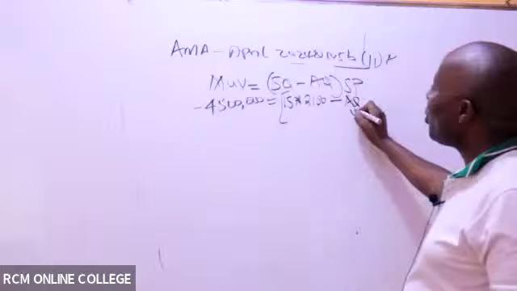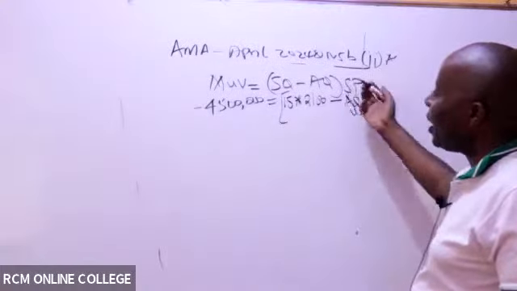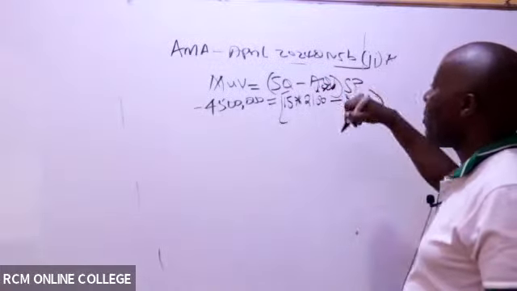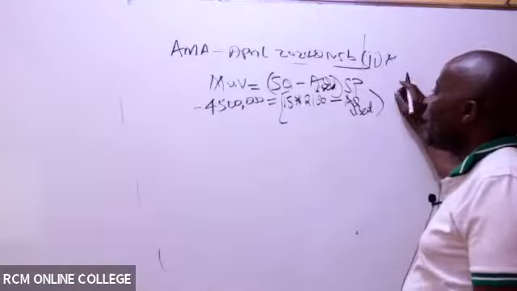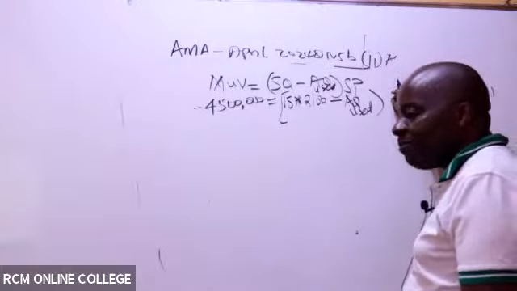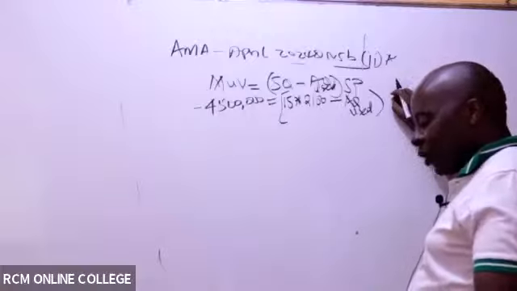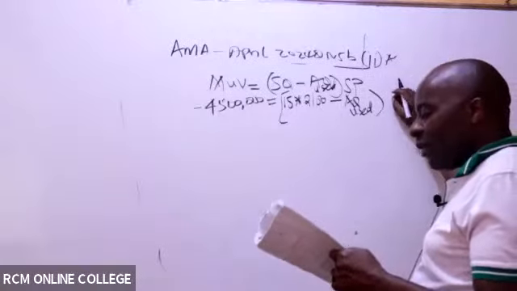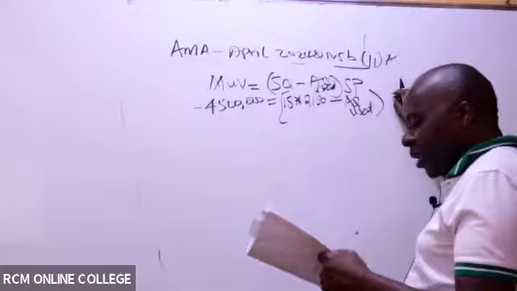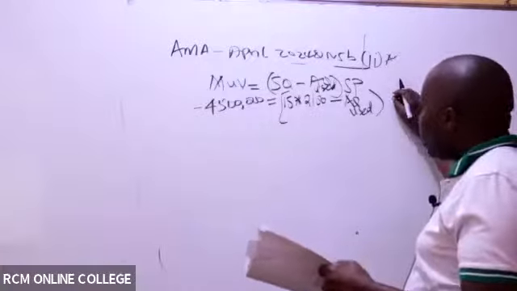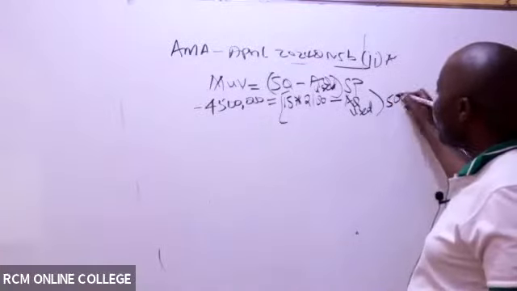Don't use the actual quantity that was purchased. This is the actual quantity used, remember, in the formula, into the standard price per kilogram. The standard price per kilogram is already provided there in the standard cost card. We can see that each kilogram is going for 5,000.